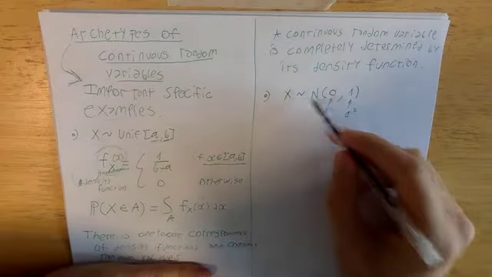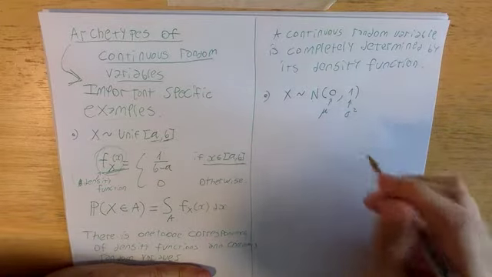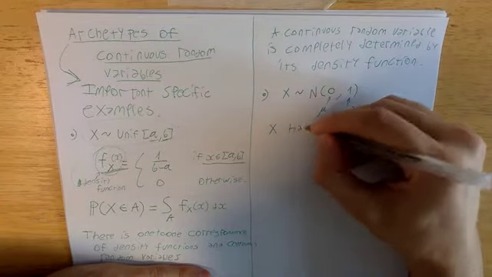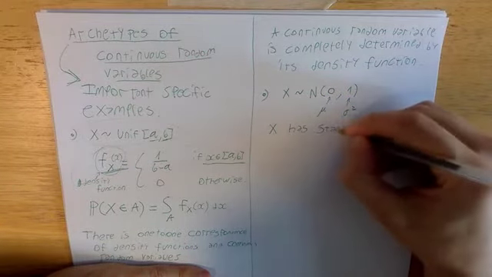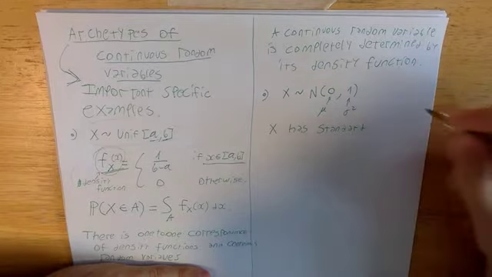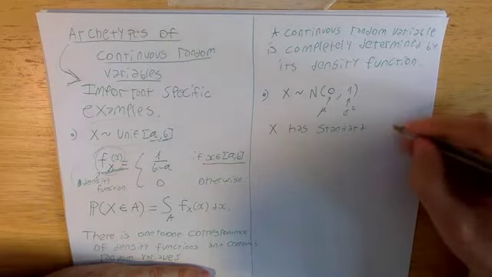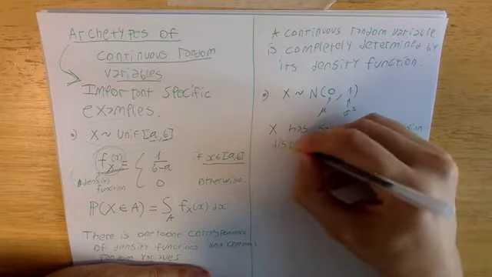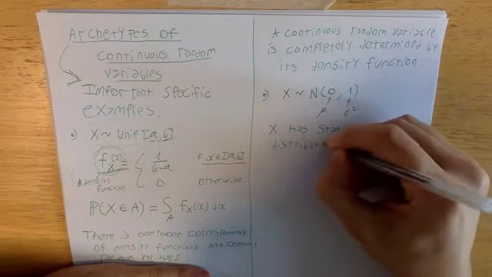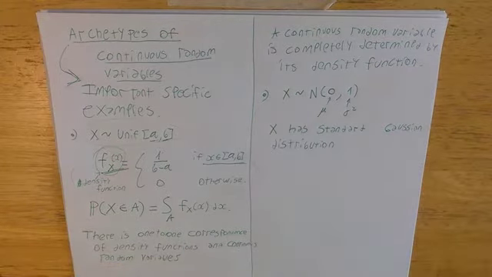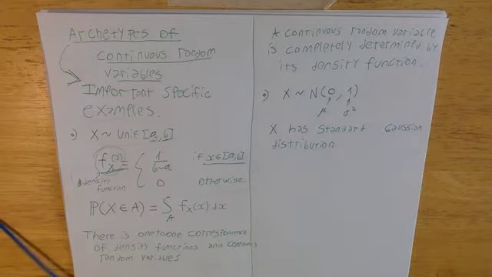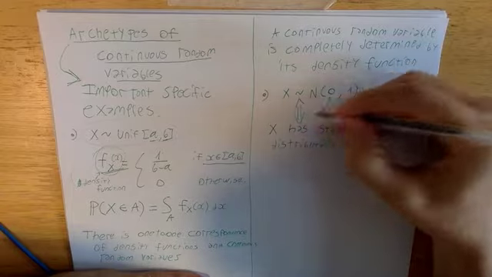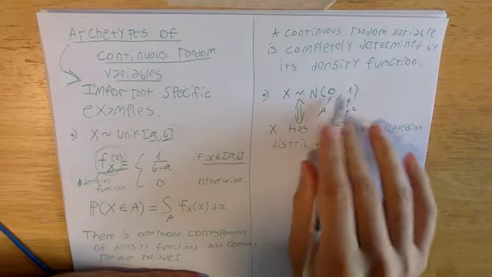X has a standard Gaussian distribution, which means X is distributed like N(0, 1).